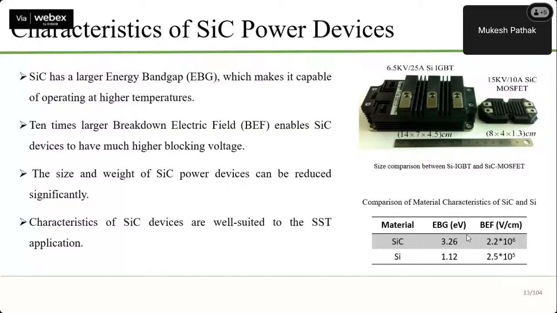In any case, we need to reduce the losses in this converter so that overall efficiency becomes comparable to the conventional transformer.